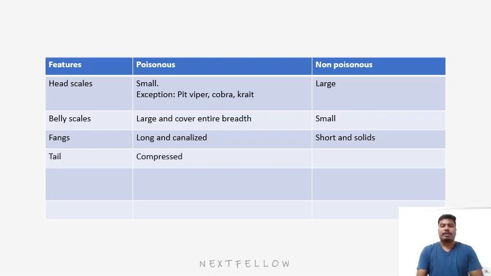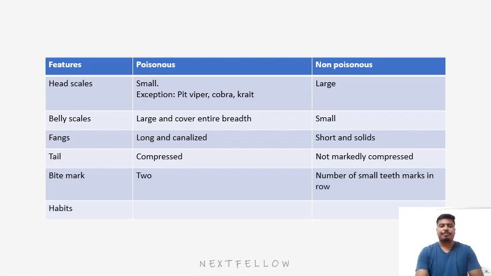The tail is markedly compressed in poisonous snakes, but not markedly compressed in non-poisonous ones. The bite mark is two punctures in the case of poisonous snakes, and in non-poisonous snakes there are a number of small teeth marks in a row. As for habits, poisonous snakes are usually nocturnal, and non-poisonous snakes are not so nocturnal. There are no habits like that.